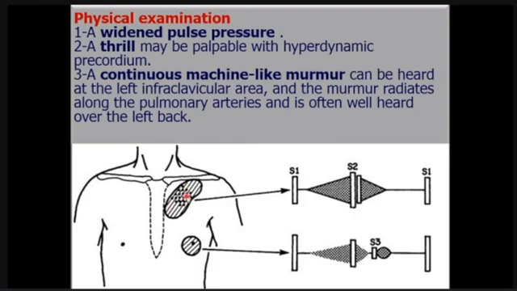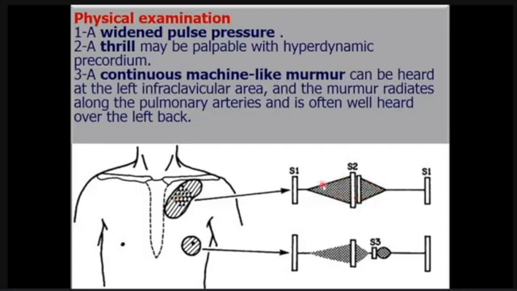The characteristic murmur of patent ductus arteriosus is a continuous machine-like murmur. It can be heard in the left infraclavicular area, which is the area of the ductus arteriosus. When I say continuous, it means systolic and diastolic. Why?